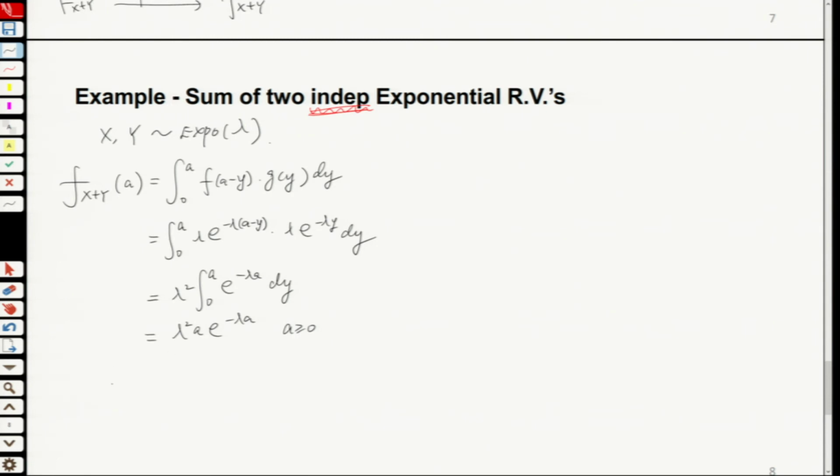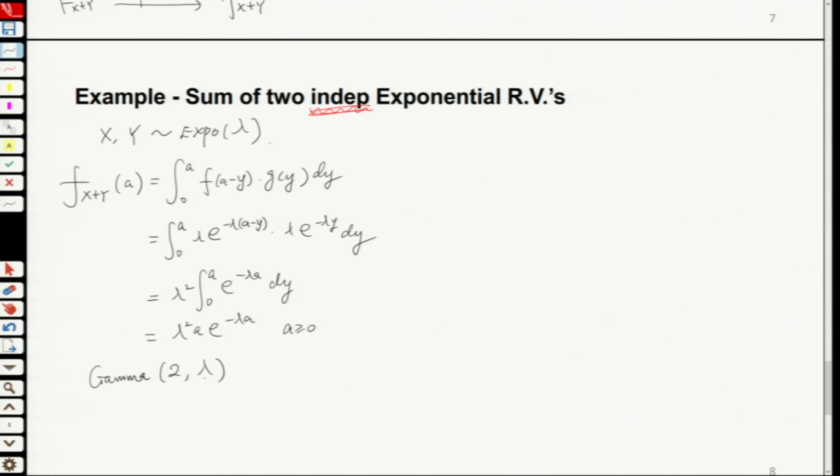What is this distribution? If two random variables are exponential and you add them together, what will be the new distribution? Gamma. This is gamma. Previously we had two Poisson variables, and adding them together gave a Poisson again. Here it is gamma, gamma with parameters 2 and lambda, for two random variables.